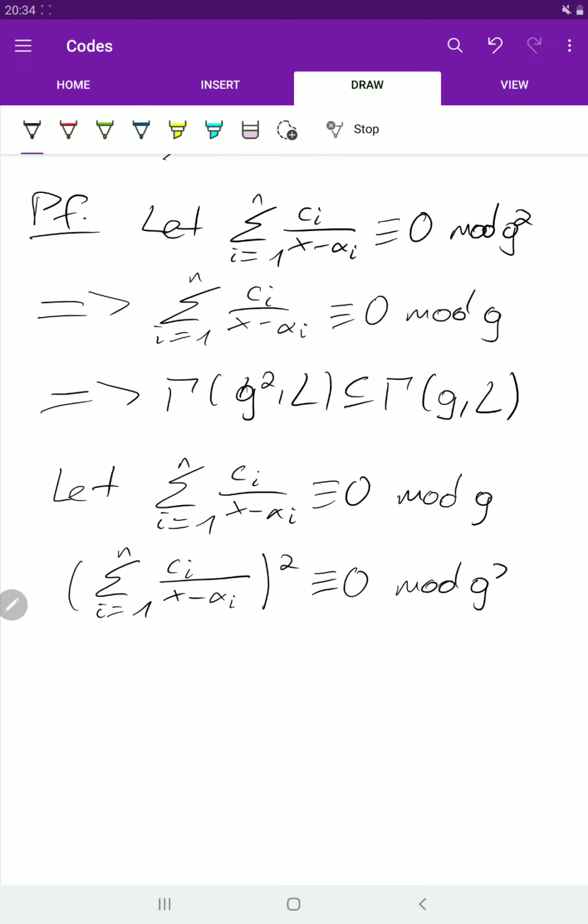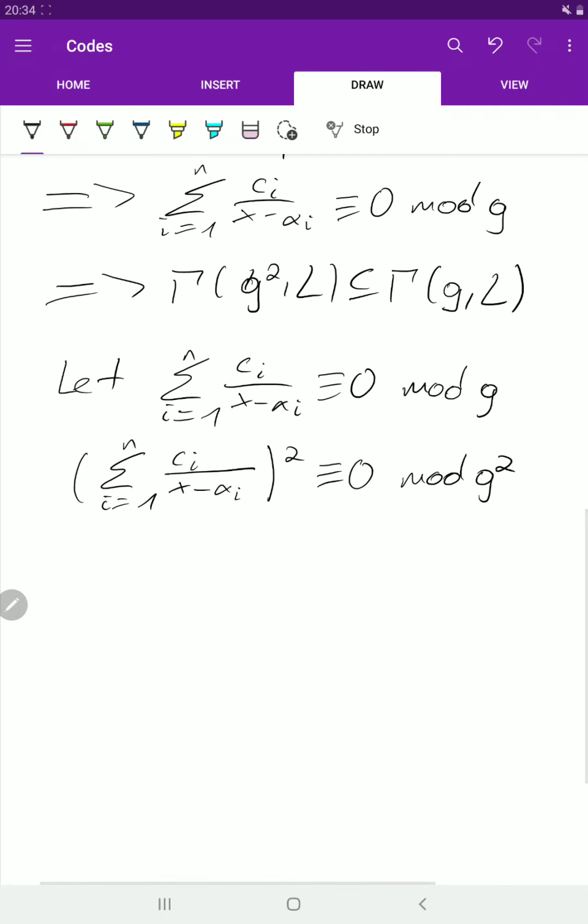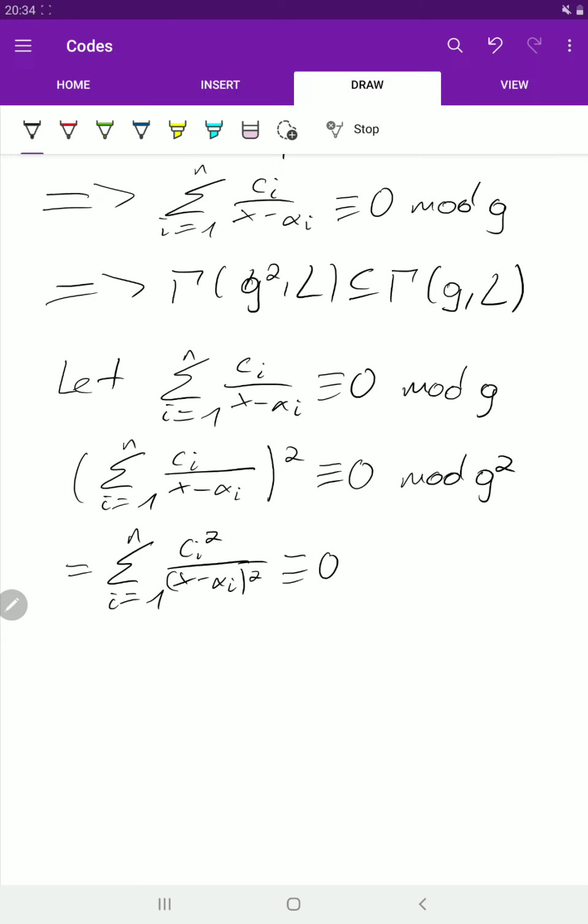If we square everything, we just get this equation modulo g squared. So now what can we do? Well, we are in characteristic 2, so let's use this. So we get the sum over i of c_i squared over (x minus alpha_i) squared. And now it's also 0 mod g squared, but we don't need this now.